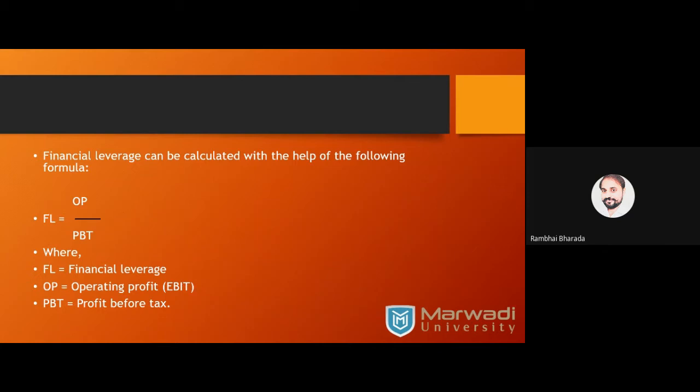Formula done. How to find operating profit? Sales minus total expenses or total cost.